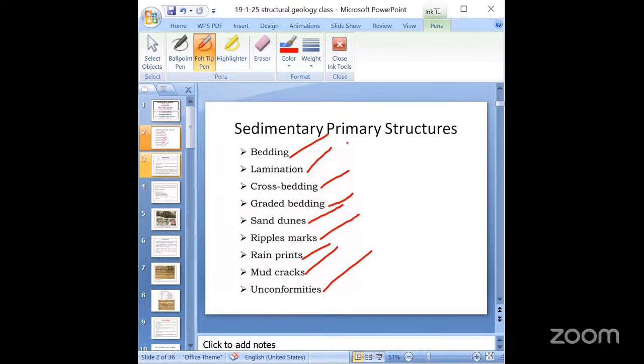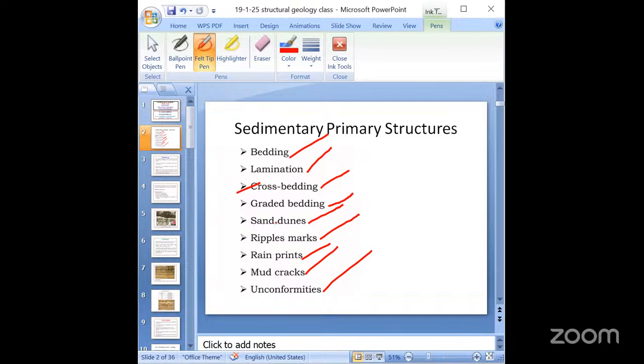The primary structures are formed during the deposition of the constituent sediments. Physical or mechanical processes operating during deposition develop these structures, like bedding, cross bedding or cross stratification, and ripple marks.